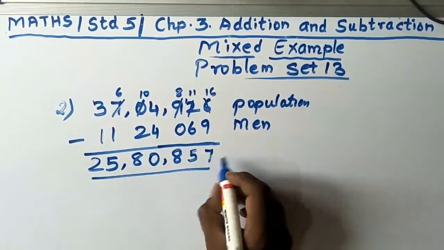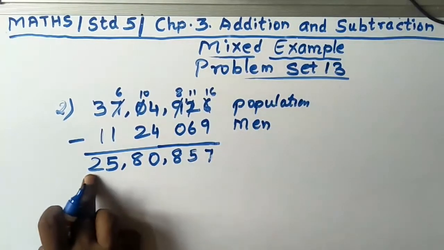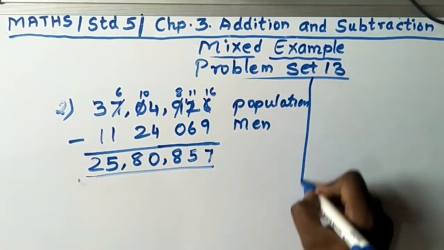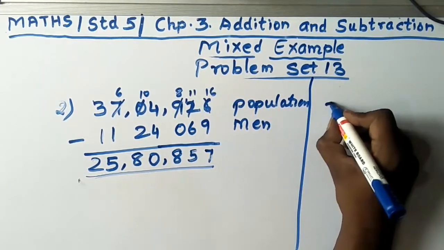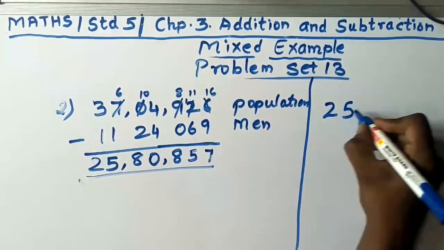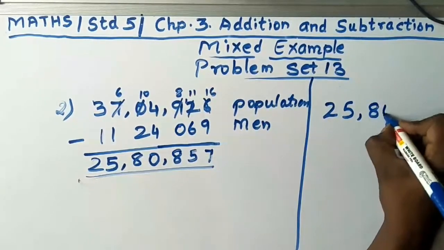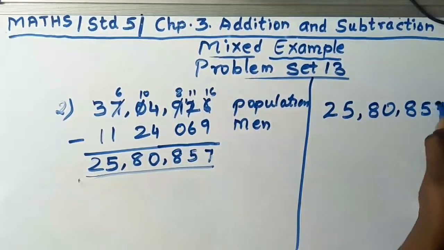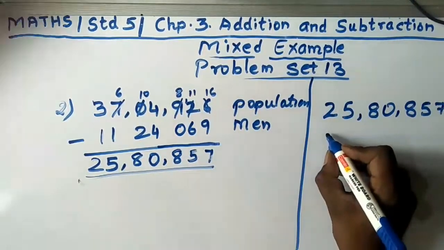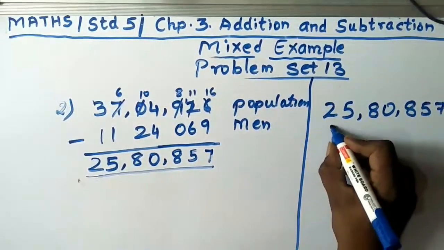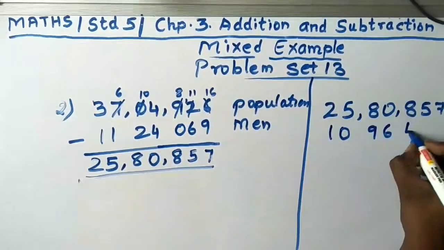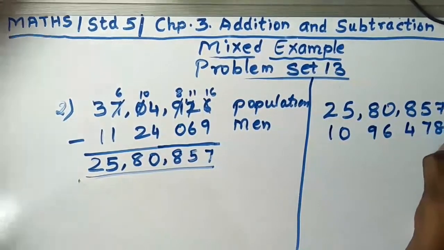So this number I have to again subtract. So let me subtract it here separately. 25,80,857 is the total. In that, the number of women given is 10,96,478.